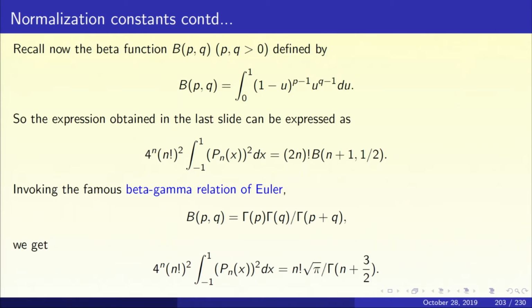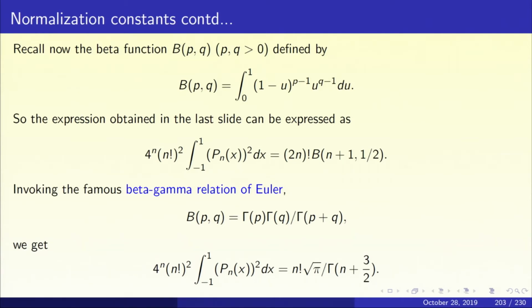You have studied the beta function in your elementary courses, and you need to recall the definition of the beta function. So the expression that we have obtained can be written as 4 to the power n factorial squared times the integral from minus 1 to 1 of (Pn(x)) the whole squared dx equals 2n factorial times beta of (n plus 1, half).